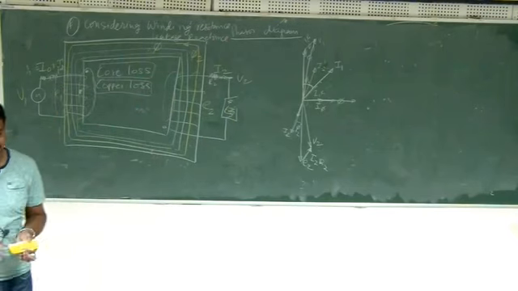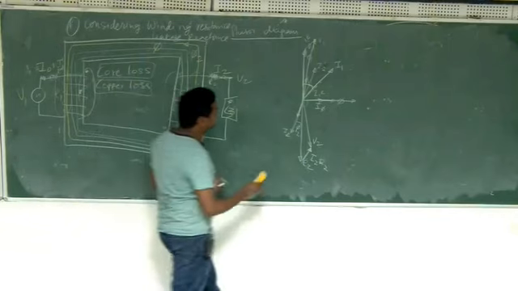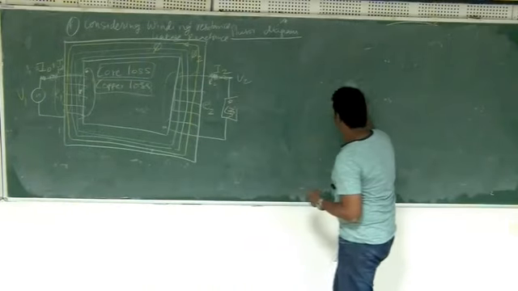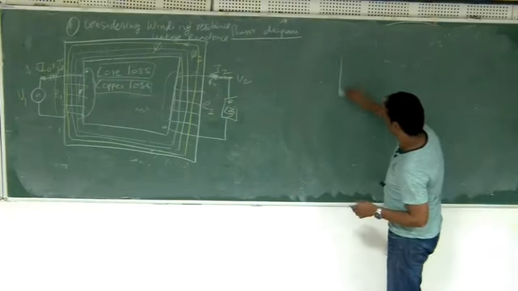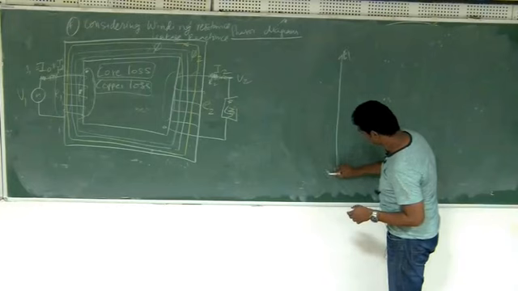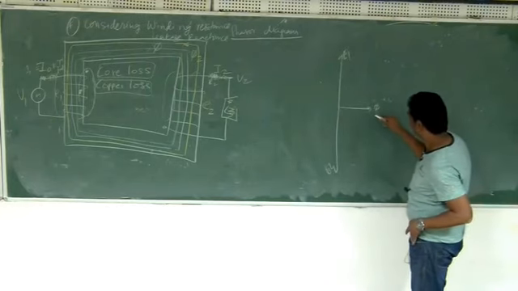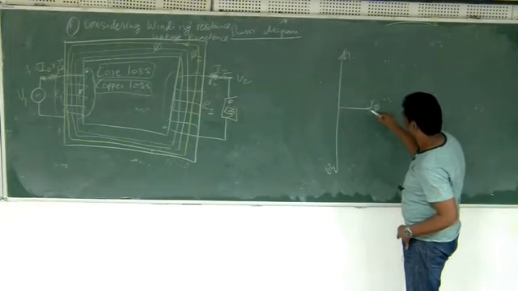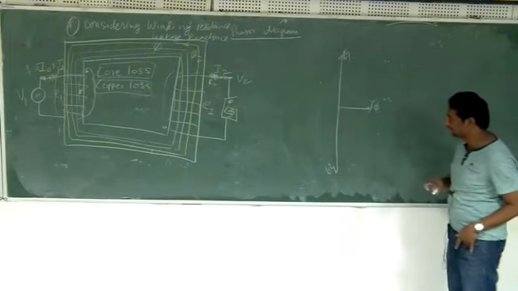Of course, there will be more variations, but this is E1, E2, and this is flux. V1, V2 we will do in the end.